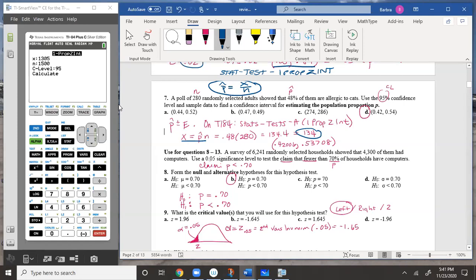Okay, so using the 1 proportion Z interval, we have X, which is 134. N is equal to 280. And the confidence level is equal to 95.